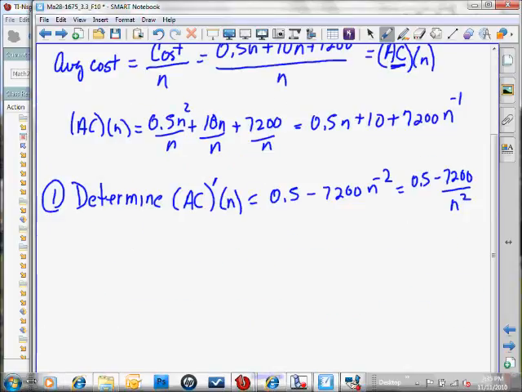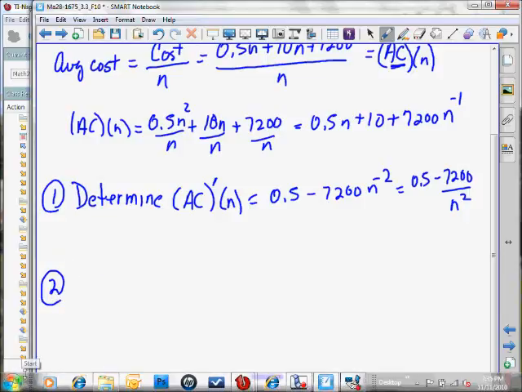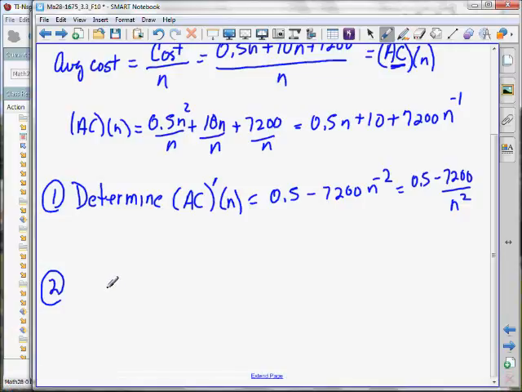I'm trying to minimize this. So now what? The function will have an extrema when what happens? Let me put it differently. The function will have a possible extrema when what happens? Yes, okay.